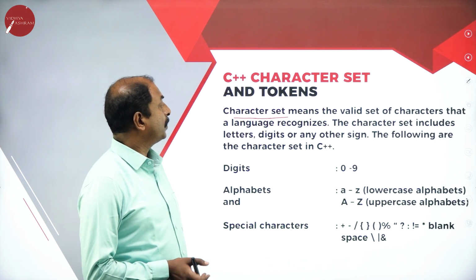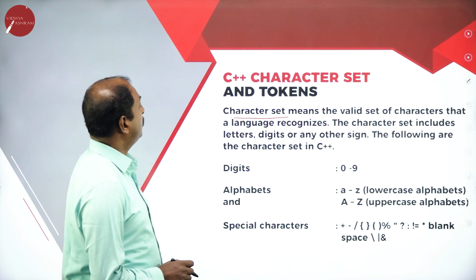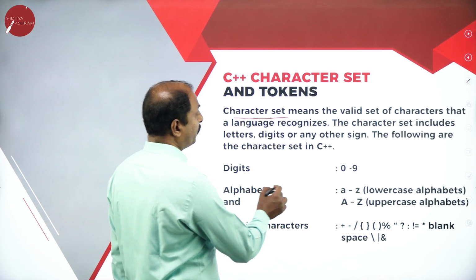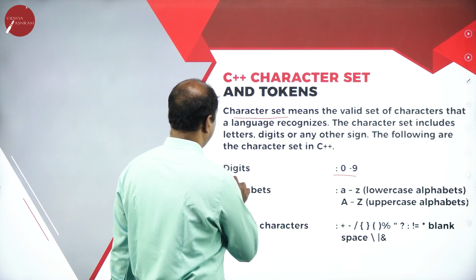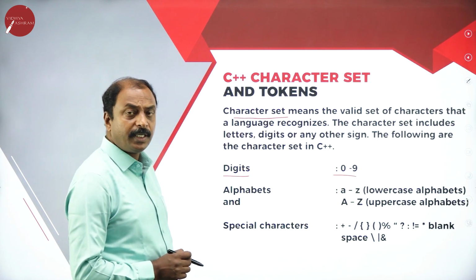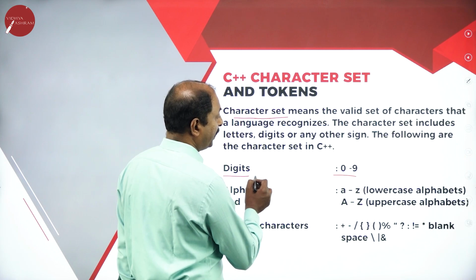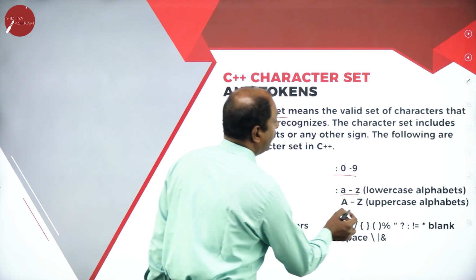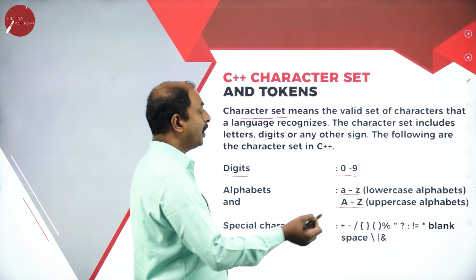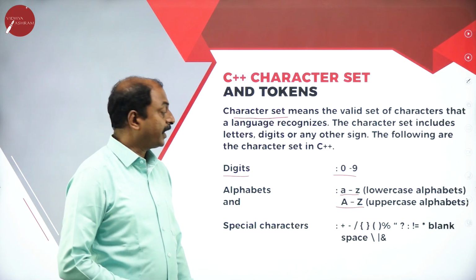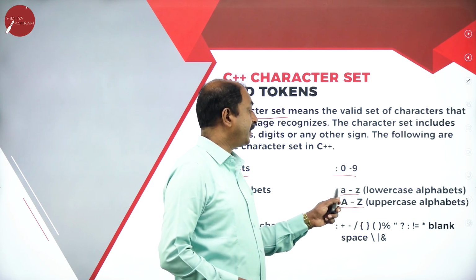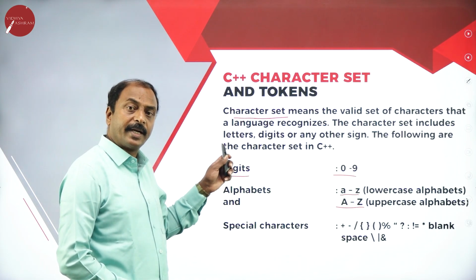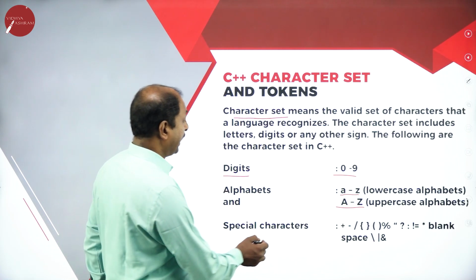C++ supports or recognizes the digits from 0 to 9, alphabets a to z lowercase, and A to Z uppercase. So it recognizes uppercase as well as lowercase characters. It is also a set of character set, and also special characters.